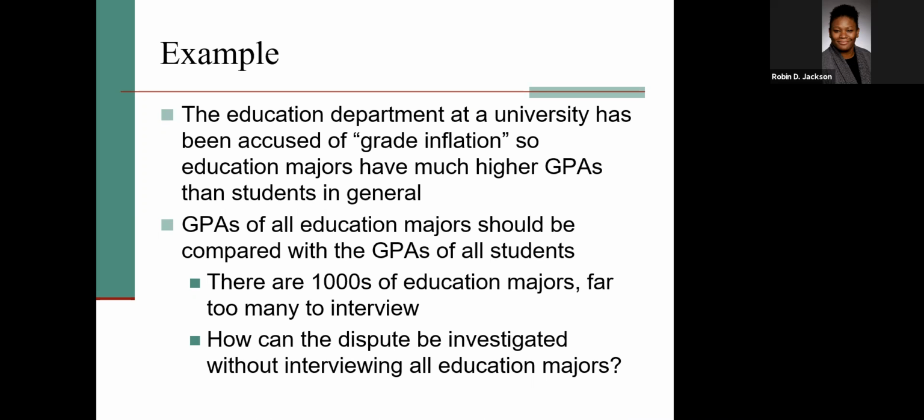This is where, of course, sampling comes in, because how can this discrepancy be investigated without actually interviewing all education majors, or without getting the GPAs of every single student in every single major, and then doing all that comparison? That would take forever to do. Both things would take forever to do.